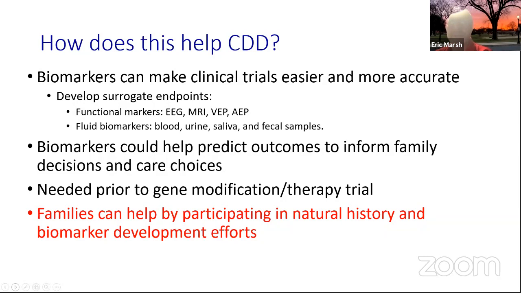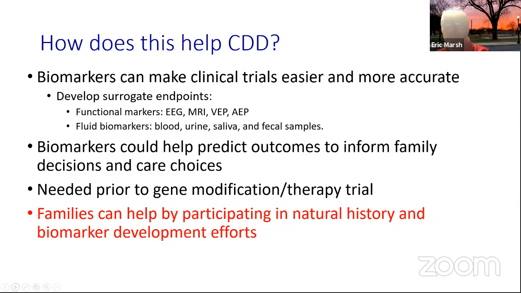We can potentially develop surrogate endpoints that would allow us to not just have to use the clinical outcome measures, but use those clinical outcome measures that Scott very nicely described in the process of developing them, along with these surrogate measures, where together you get a much better assessment of whether a drug's going to work and how well it's going to work. One other use is that if you could do these markers early, you could potentially predict outcomes, and that would help families inform decisions and make care choices.